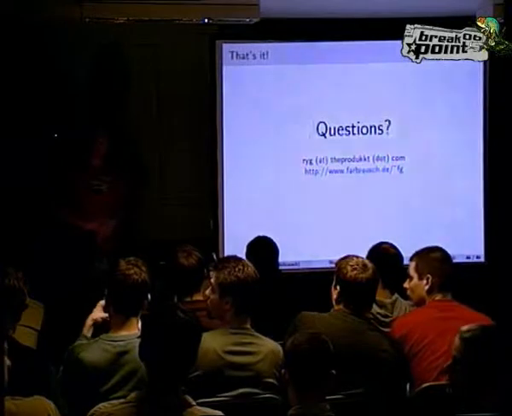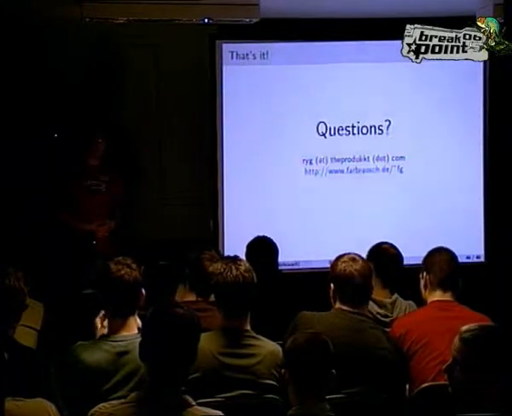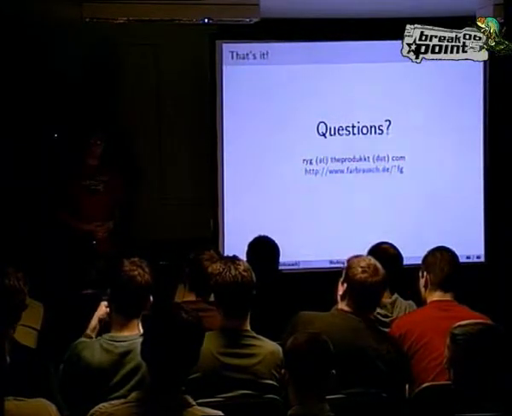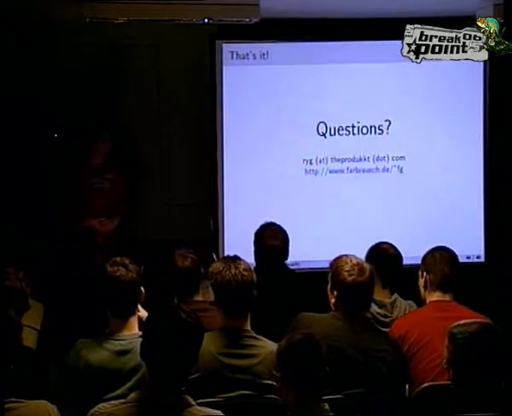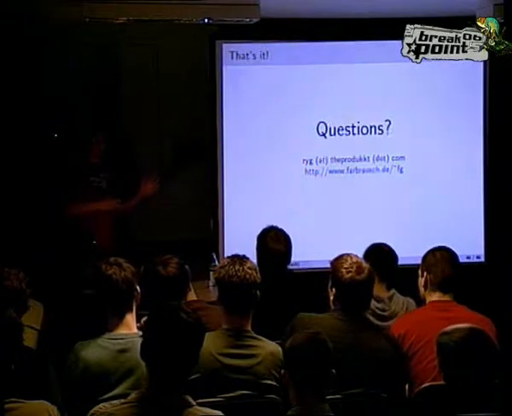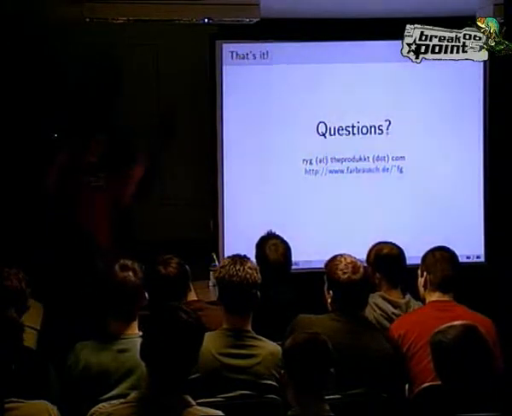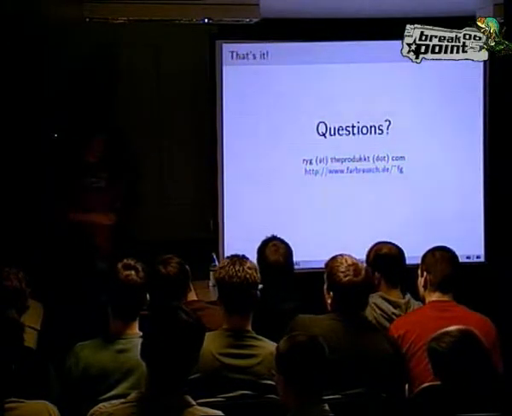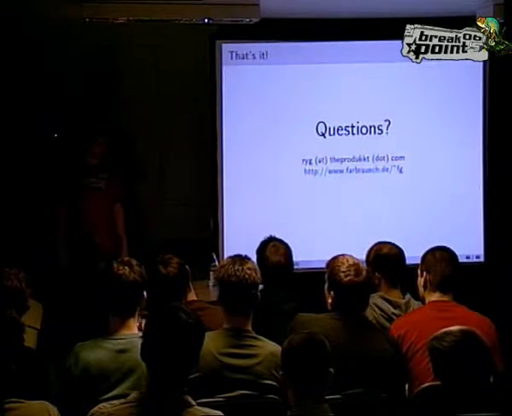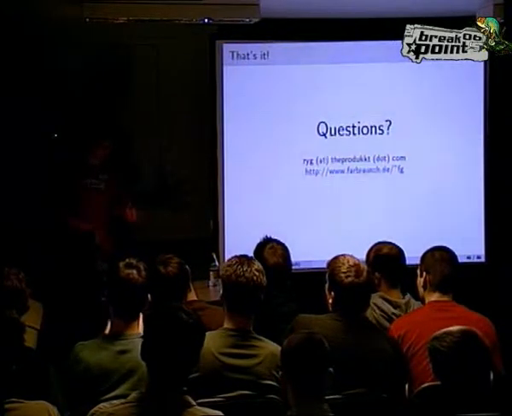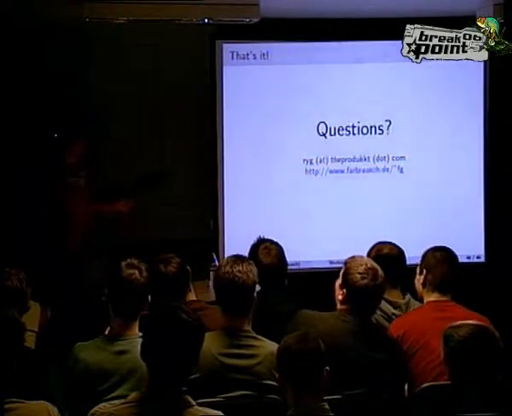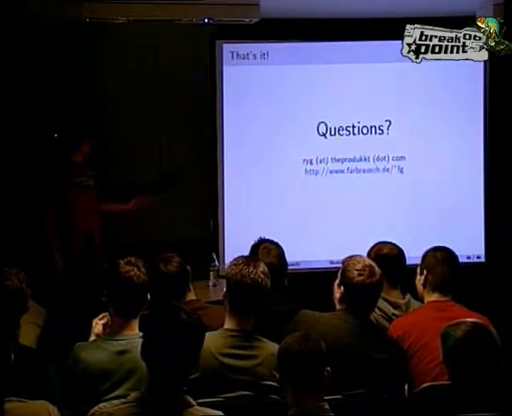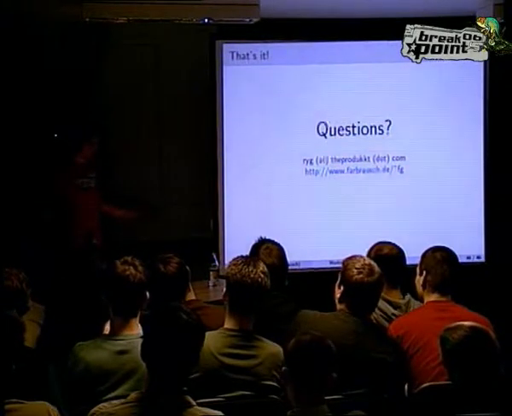Have you ever thought of writing your own kind of virtual machine with your own opcodes? We've thought about that. We actually started writing a Forth-based intro system. Forth, if you don't know, is a stack-based language. But the problem is that writing intros in this kind of language is really a pain, and you don't want to do this. We tried this for a few months, but it wasn't worth the work.